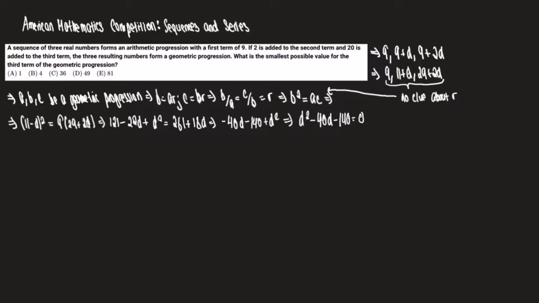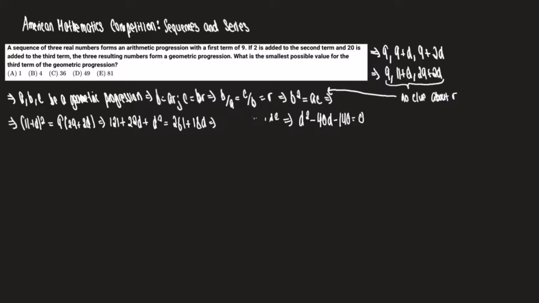And I see the mistake. It's 11 plus D. You guys should have helped me. There's a computer screen. 121 plus 22D. So, this right here, negative 40D. Let's erase all of this, because that's all wrong. Alright.